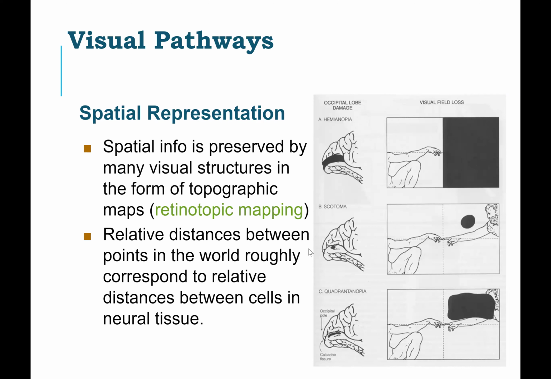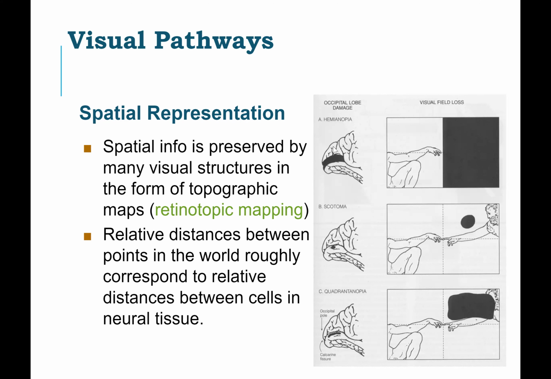Okay, so an important topic in the brain is what we call retinotopy. Retinotopy refers to the fact that information that is close to each other in the visual world is processed by neurons that are close to each other in the brain. So what does that mean?